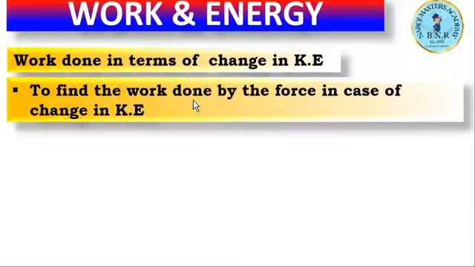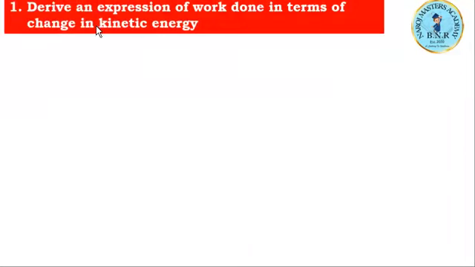Okay, very simple. To find the work done by the force in case of change in kinetic energy, simply derive an expression of work done in terms of change in kinetic energy. So the derivation is very, very important. Work is equal to force into displacement, we know very well.